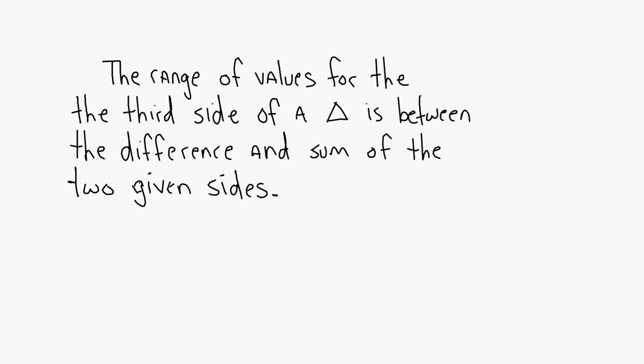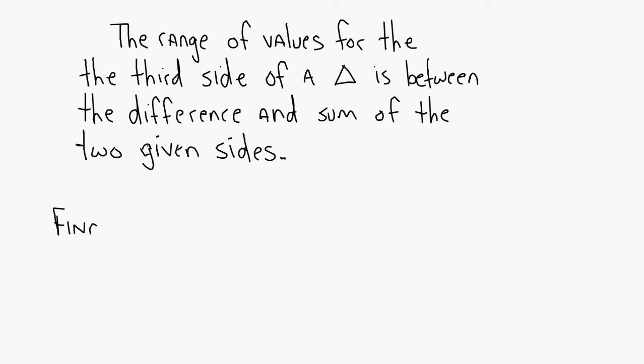The range of values for the third side of a triangle is between the difference and sum of the two given sides. Pretty straightforward. What does difference mean to do? Difference means to subtract. Sum means to add. We're trying to find a range of values, so you're going to be asked to find the range.